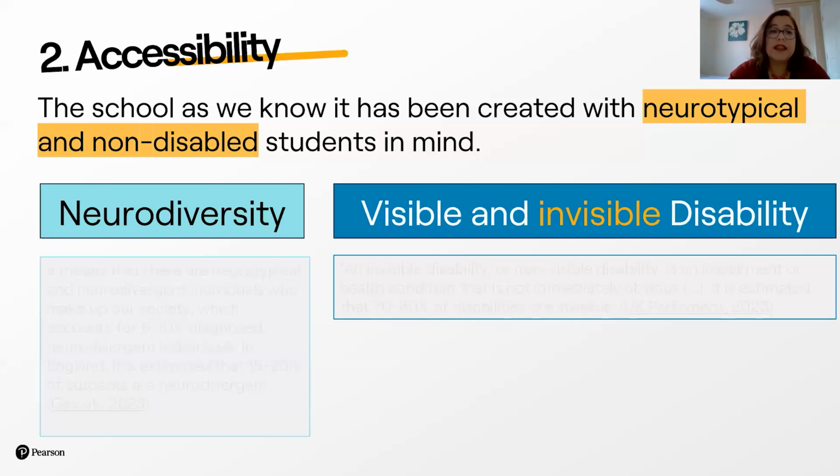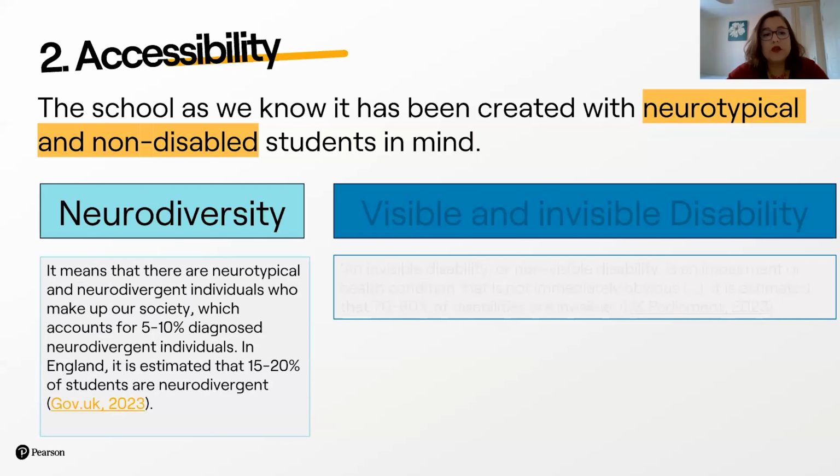We typically categorize these students, or maybe categorize is not the right word, but the two concepts that would help us understand this population of students are neurodiversity and visible and invisible disability.